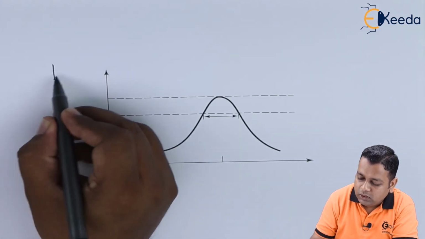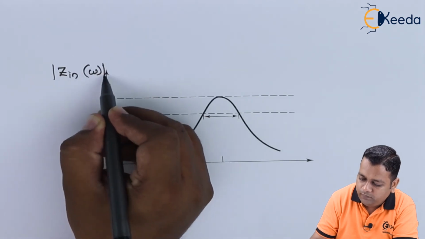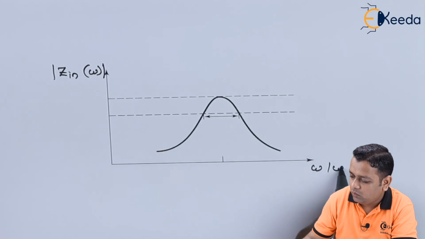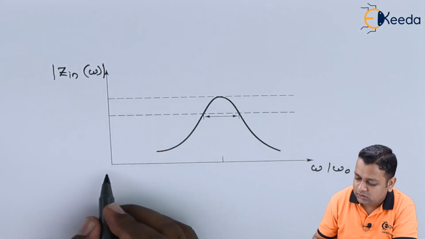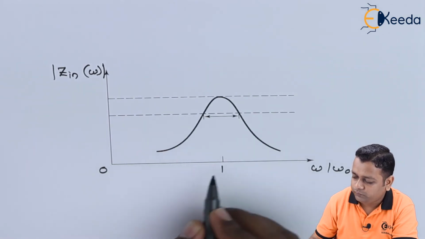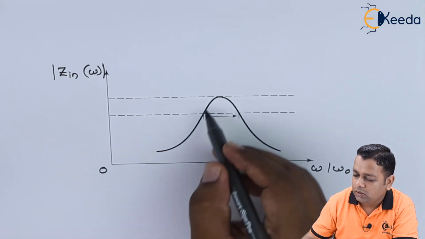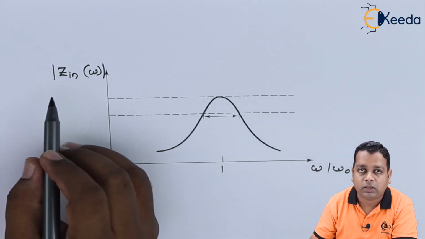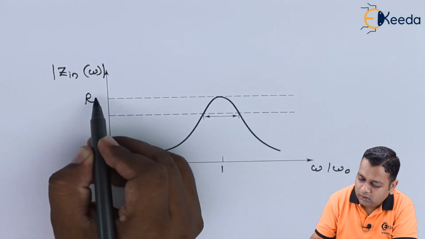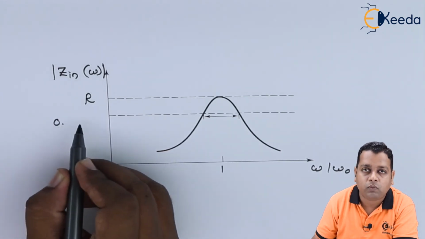So here we take mod of Zin, the magnitude, as a function of omega, whereas on this axis we take omega 0, the resonant condition, intersecting at 0, the origin. This is the marking of 1, the value of frequency where we obtain the peak value of the input impedance. So this peak is at the value capital R.